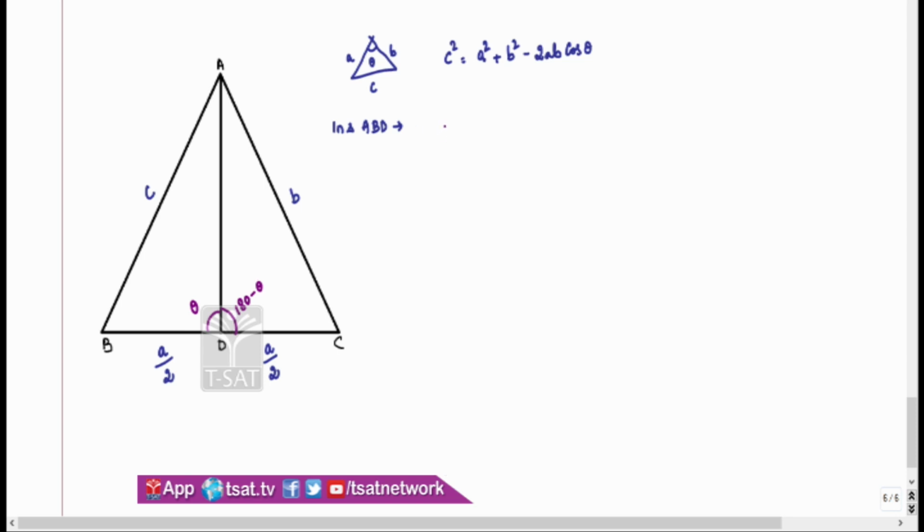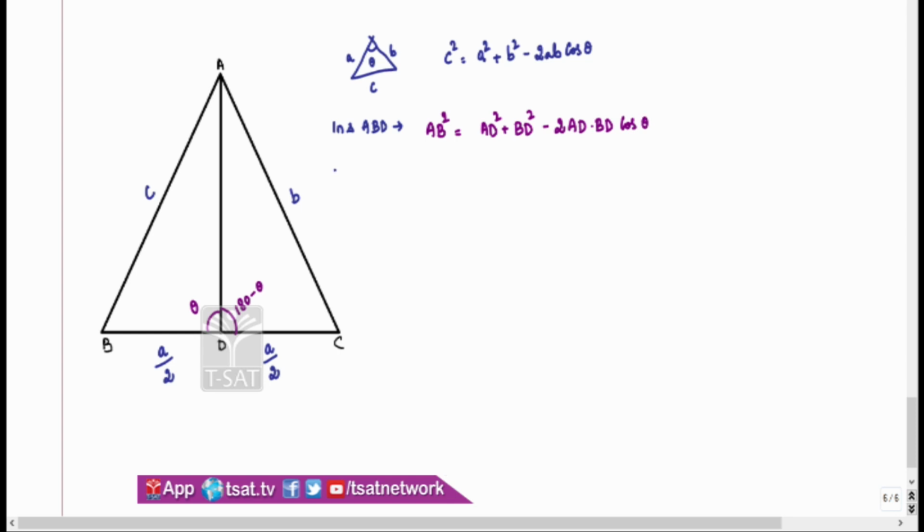The side which is opposite to theta is AB. Therefore, AB square is equal to AD square plus BD square minus 2 into AD into BD cos theta.